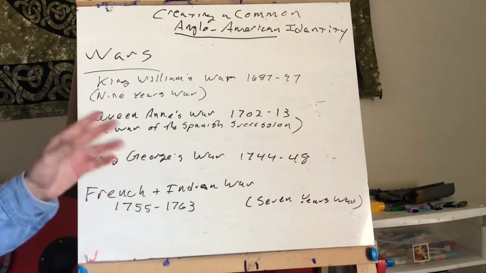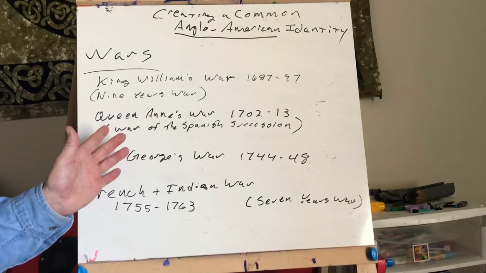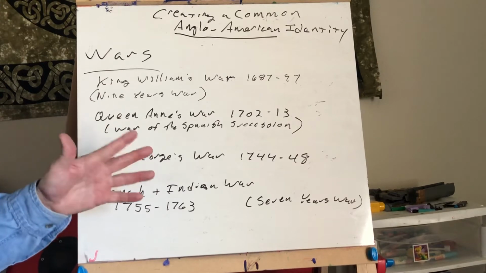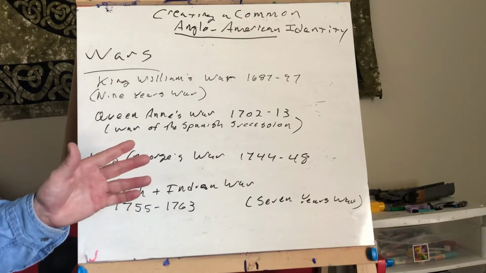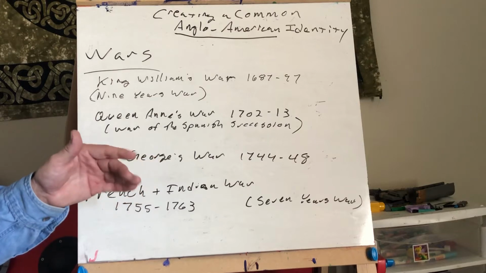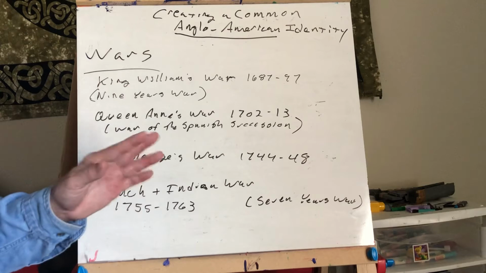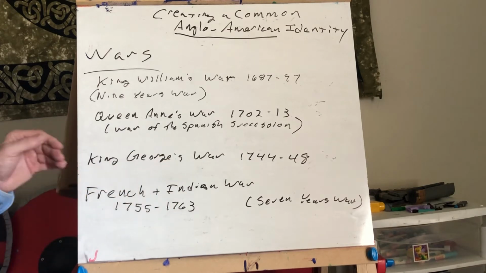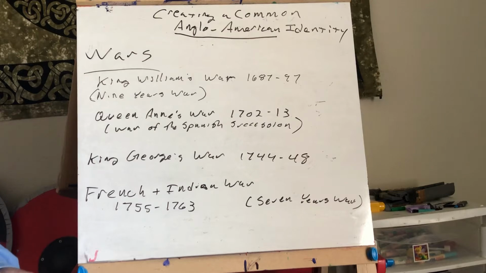English settlers had already started to move into what's now western Pennsylvania, the Scotch-Irish, and also into what's now West Virginia and northeastern Tennessee. So the French went in to drive these English settlers out.